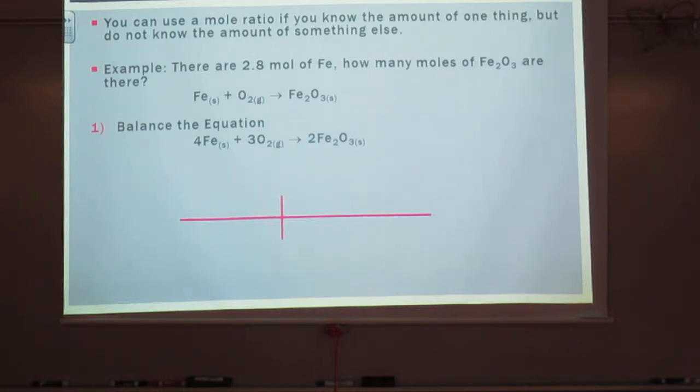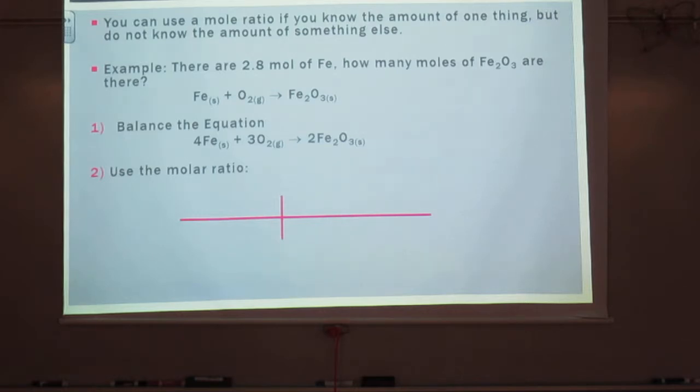Once the equation is balanced, then you'll be able to use it to determine the stoichiometric ratios. We've talked about the ratios before, and you can see what the ratios are here. We have 4 iron to 3 oxygen, 4 iron to 2 iron(III) oxide, 3 oxygen to 4 iron, 3 oxygen to 2 iron(III) oxide, and so on and so forth.